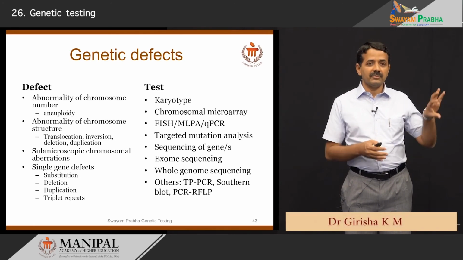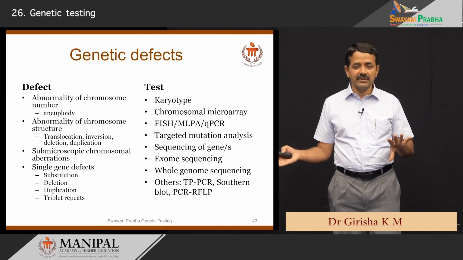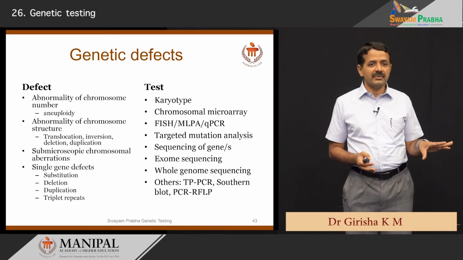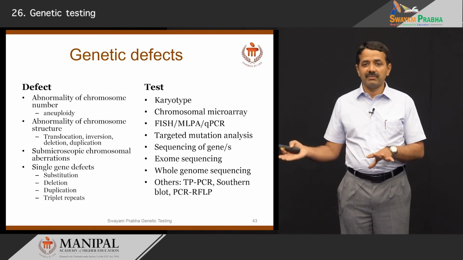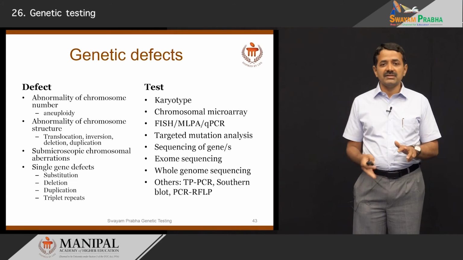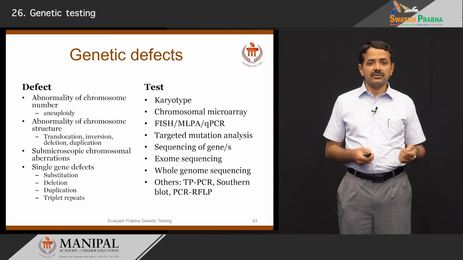Defects can be abnormality of the chromosomal number, aneuploidy, which can be detected by karyotype. A structural chromosomal abnormality, translocations, requires a karyotype. Deletions, duplications can be picked up by chromosomal microarray, FISH, MLPA or qPCR can be used for counting the chromosomes.